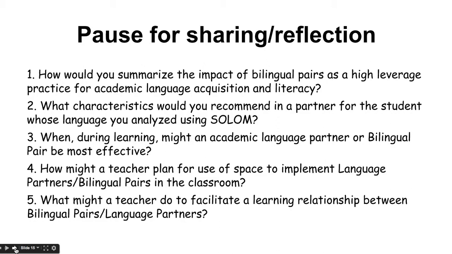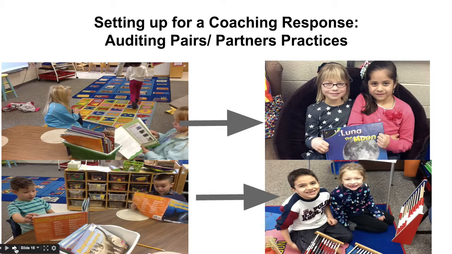Thanks for coming back to the presentation. I hope you had a great time sharing and reflecting on how you might use bilingual pairs as a high leverage practice. Setting up for a coaching response, auditing pairs and partner practices. As you can see in these 4 photographs, we're looking at moving away from places where kids may not have a language partner to a place in our instruction and learning where kids do have a language partner and a resource.